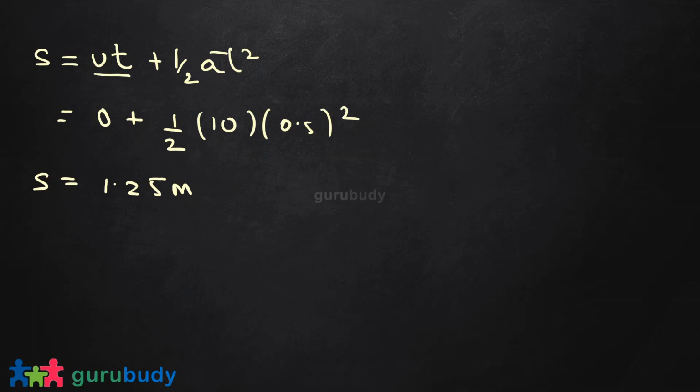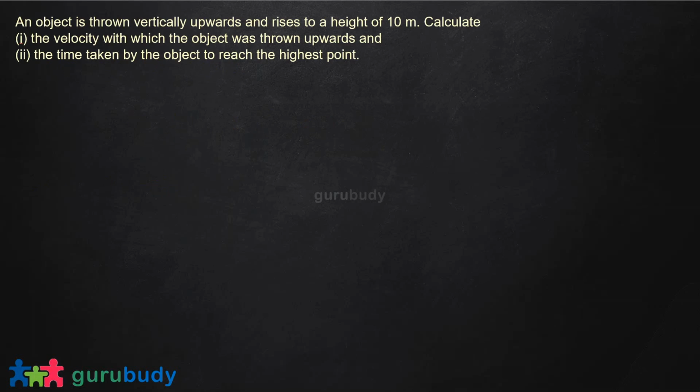Now let's do one more example. In this problem, they're saying that an object is thrown vertically upwards and rises to a height of 10 meter. So if this is my ground and I throw an object from the ground, it goes all the way up to 10 meter. Then it's asking me to calculate the velocity with which the object was thrown upwards.